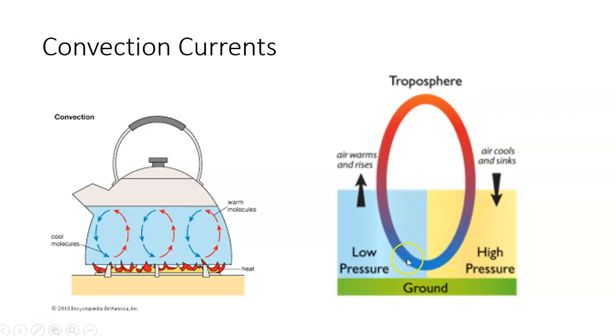Now over here closer to the ground the air is cooler. This air then rises. So cool air sinks and warm air rises, and this is how convection currents take place. You will study more about them in detail in geography.